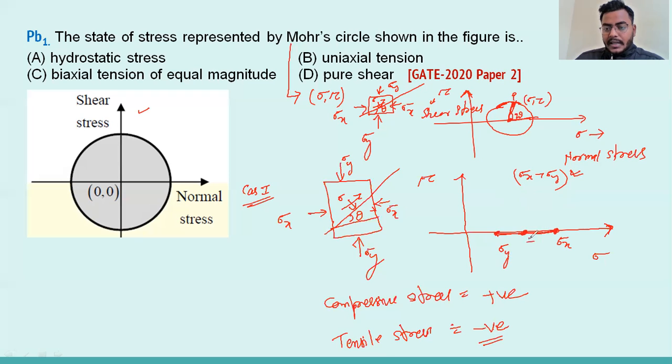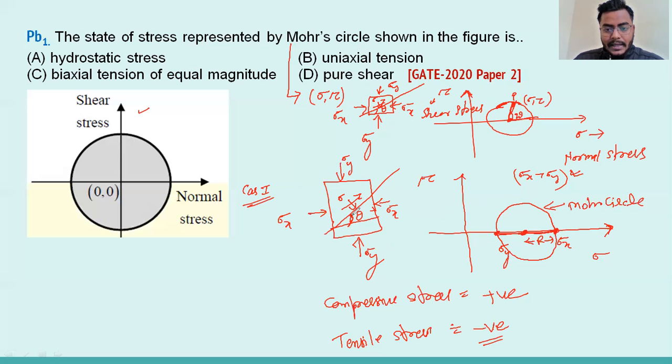By taking this radius, we can draw the Mohr circle like this. So this is called the Mohr circle. We want to calculate the sigma and tau, and the location of every point of this Mohr circle will give us the normal and shear stress.